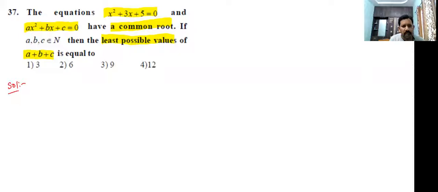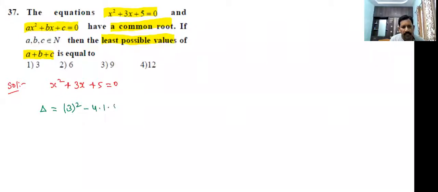So first see that x square plus 3x plus 5 is equal to 0. What about the nature of the roots? Find the delta. What is the formula? b square minus 4ac.